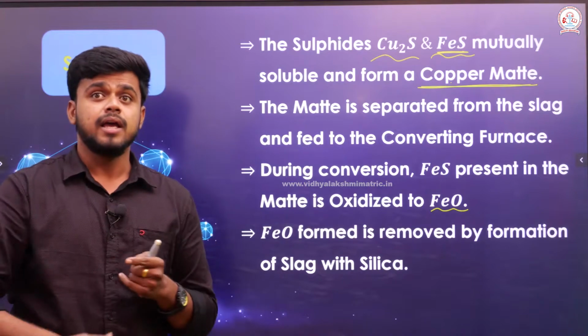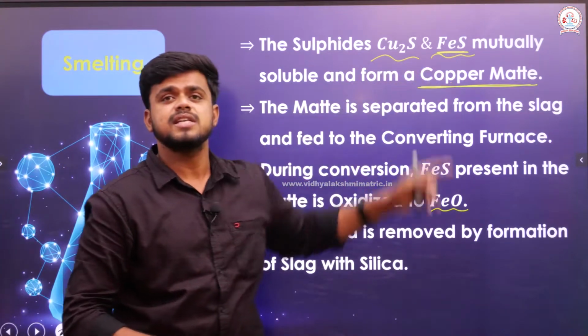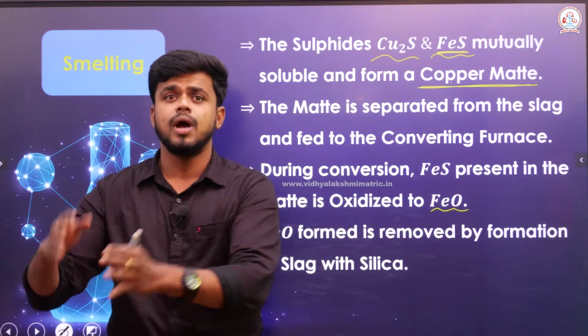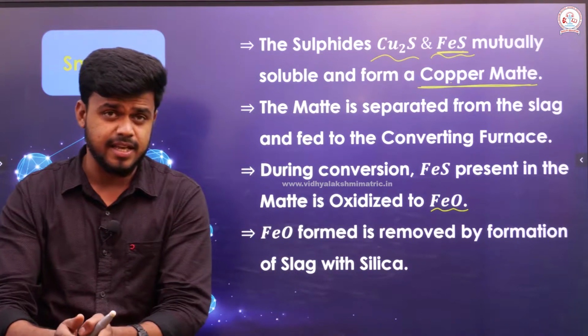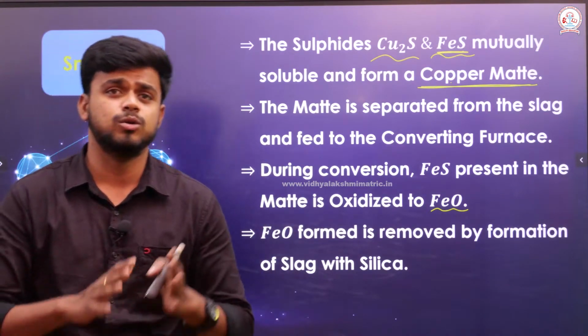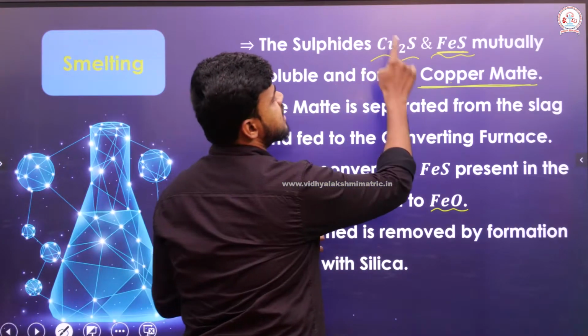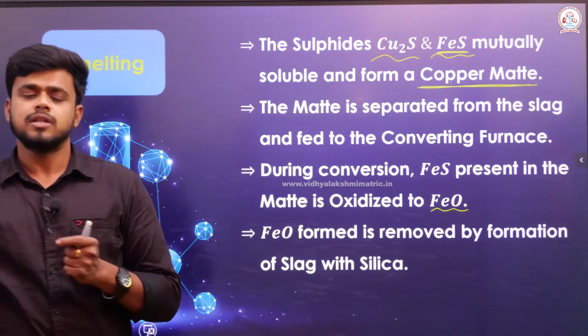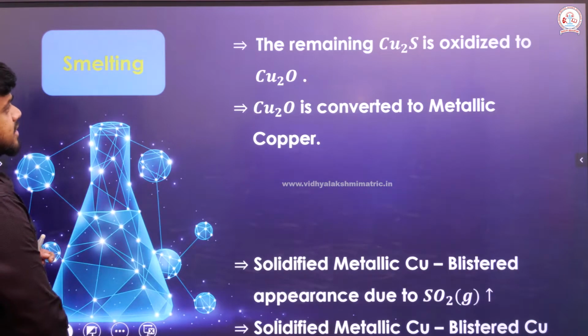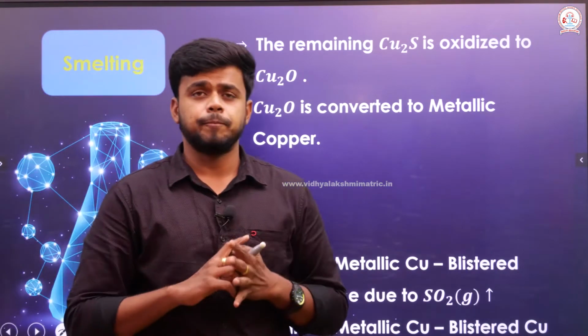So, the leftover FeS is completely oxidized to FeO, and then FeO reacts with SiO2 and is removed as FeSiO3 completely. Now, the one that is left over is Cu2S. What is happening here?